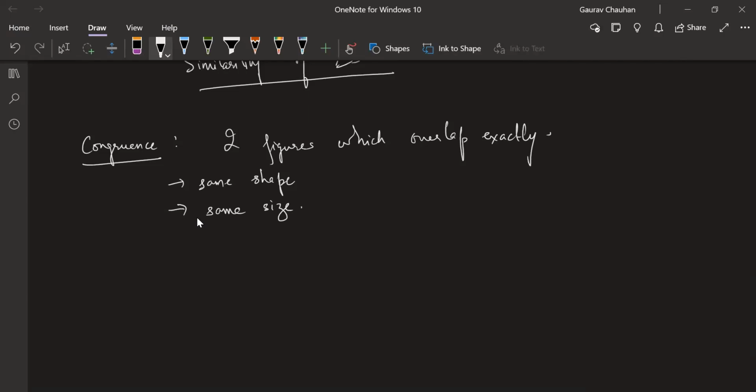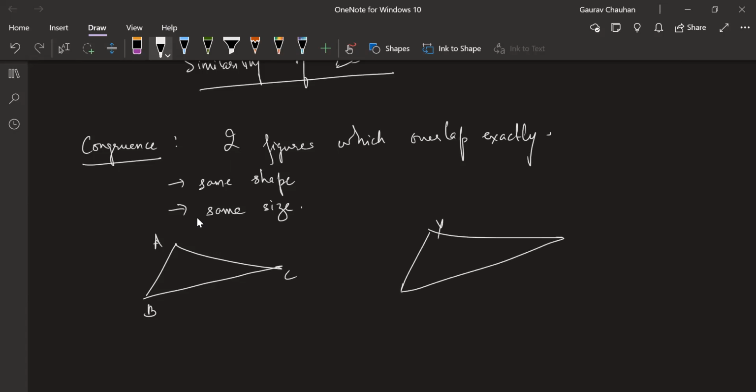In case of triangles in particular, when we say two triangles ABC and XYZ are congruent, we might use any of the four criteria to prove it, but what it actually means is this.